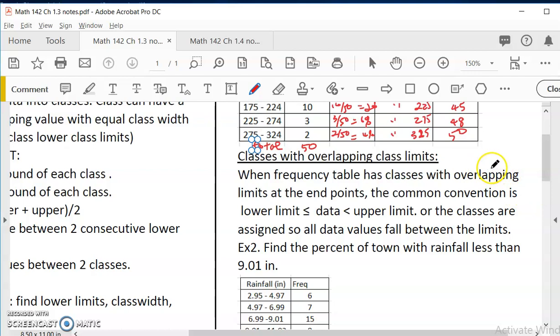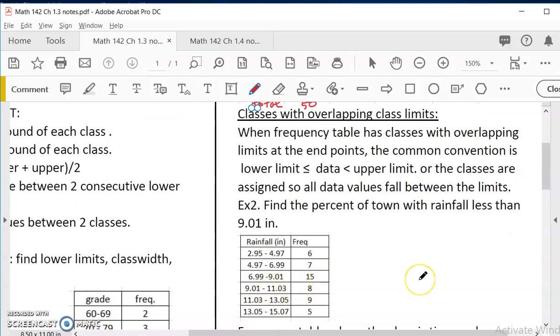Sometimes you might run into a frequency table like below. Because there's no industrial standard on how to create a frequency distribution, occasionally you will see a frequency table like this, 2.95 to 4.97, and then the second one is 4.97 to 6.99.